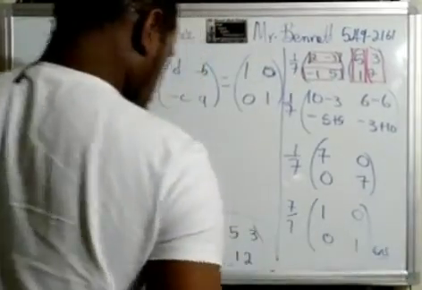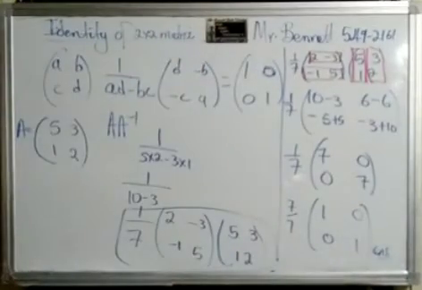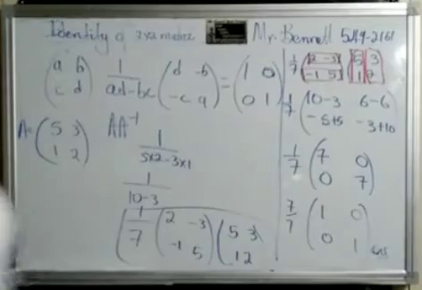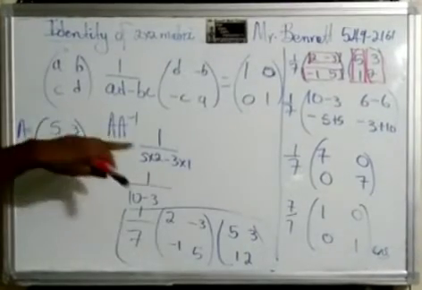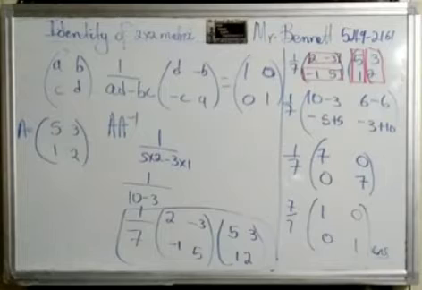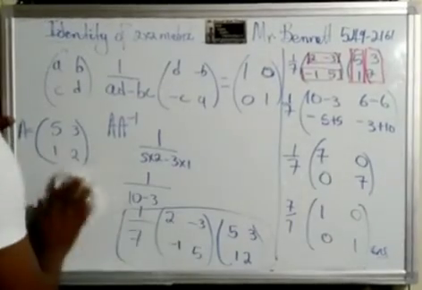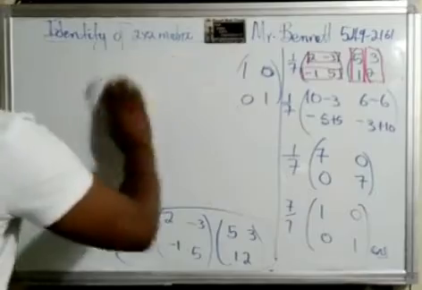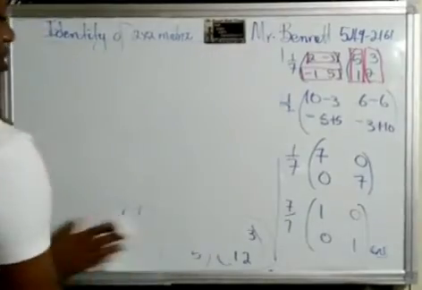And that is how we find the identity of a 2x2 matrix. Now guys, it's very important to note that if the determinant is 0, we know it as a special case called a singular matrix, and for that the inverse is said to be undefined because we cannot divide by 0.